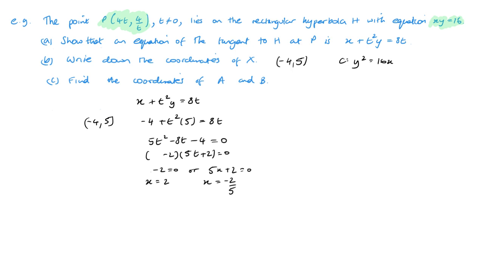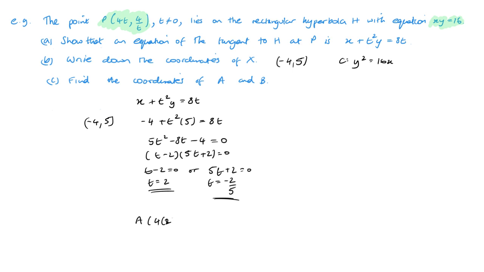So we've got our two values of t. Now we substitute in for the 4t and the 4 over t. So A will be, well, it doesn't tell me which one's A and which one's B, so these can be either way around.